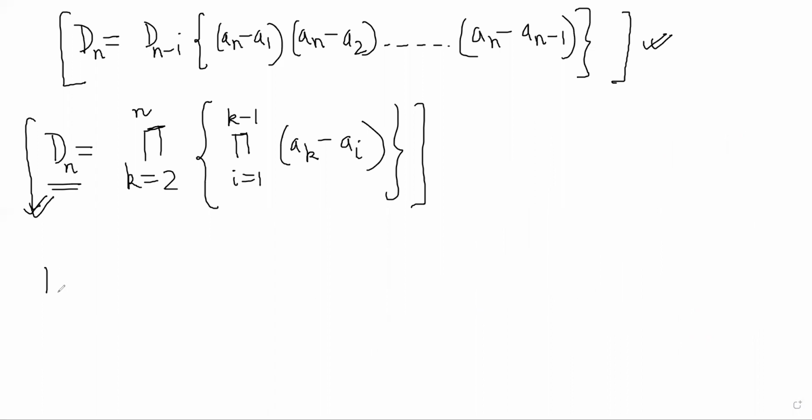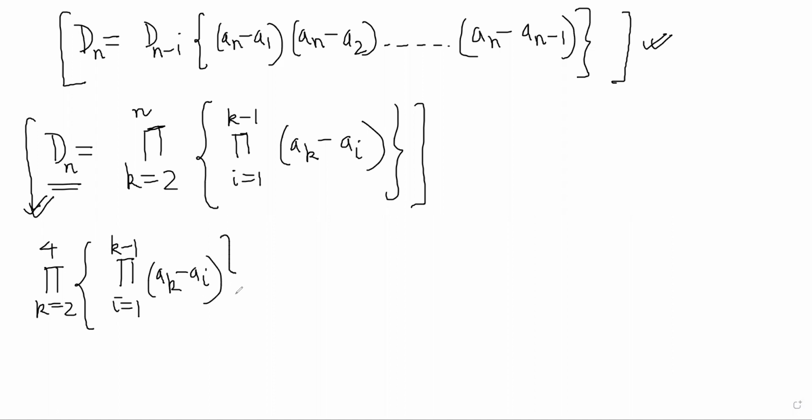This becomes product of k goes from 2 to 4, and here you have product of i goes from 1 to k minus 1, ak minus ai. So again, I will work by setting the k values, right? So if k is equal to 2, here you have i goes from 1 to 1, and you have first product is a2 minus a1. That's it. There is no other terms here.